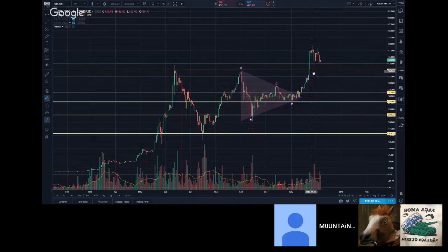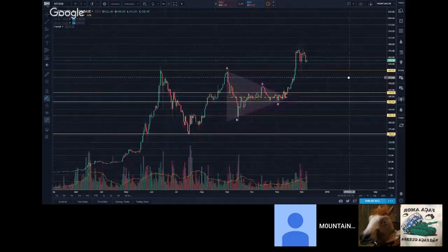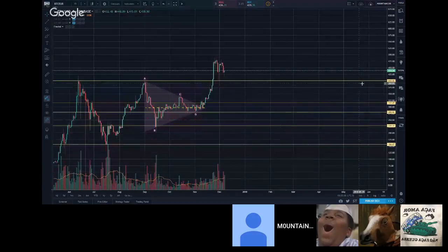Those lines will still be important next year. Those lines will be important 2 years from now. If that price comes back down, let's say this goes up to 1,000 and then comes back down 18 months from now, that support and resistance line will still be important. It's not going to go away.